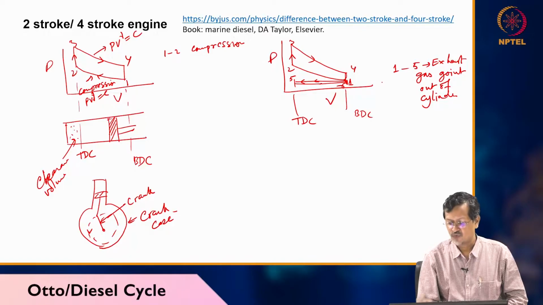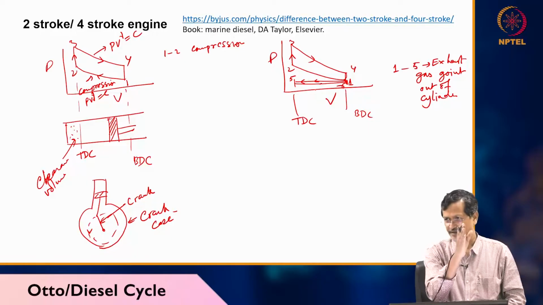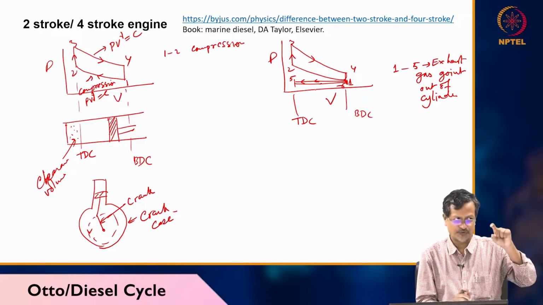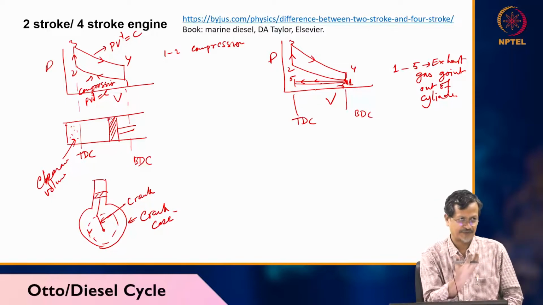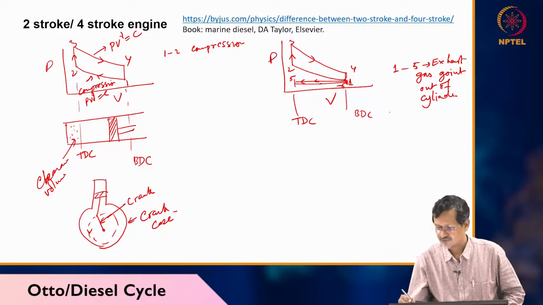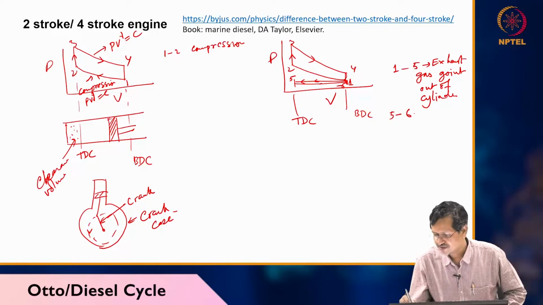Now 5 to 1, or 5 to 6, 1 and 6 being the same point actually. So 5 to 1, stop or close the exhaust port, open the intake port, and you take in the air and fuel mixture. So 5 to 6 or 1, taking air plus fuel.